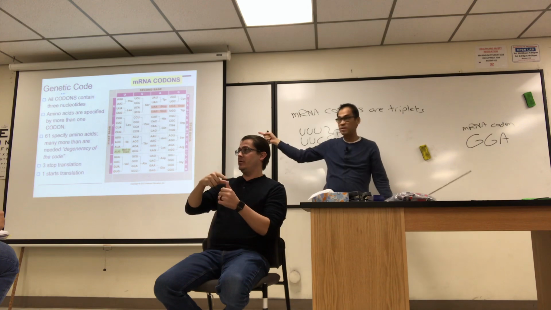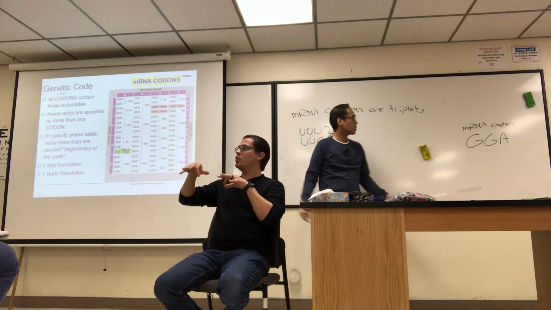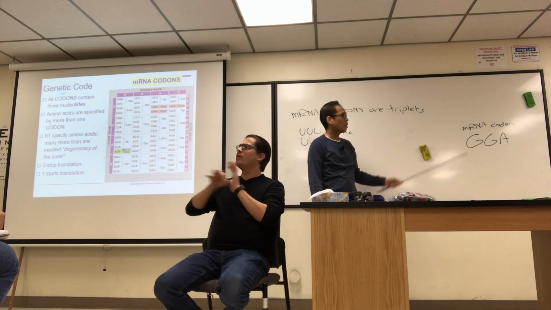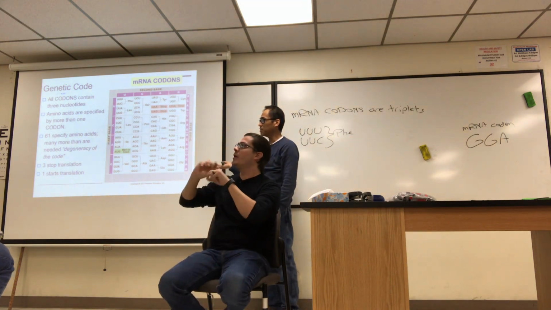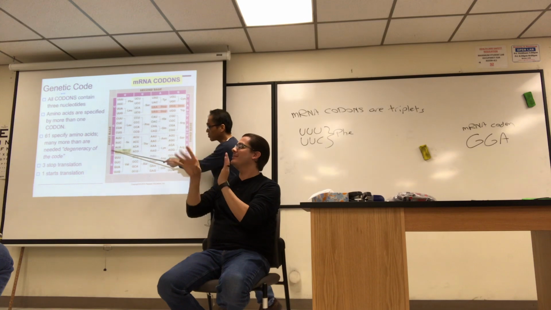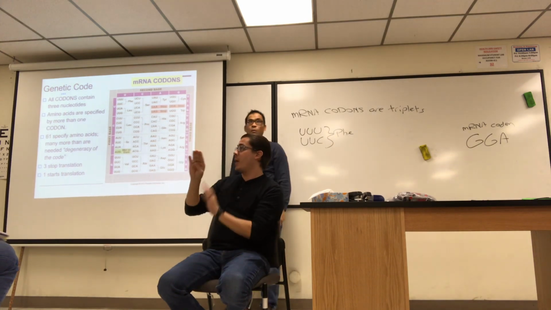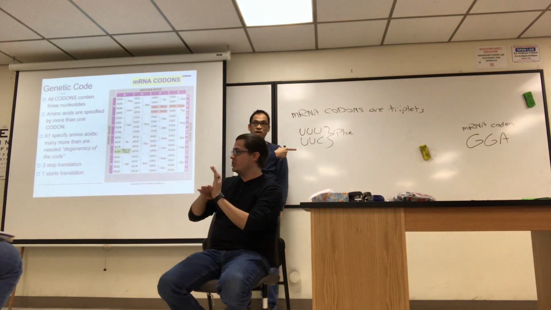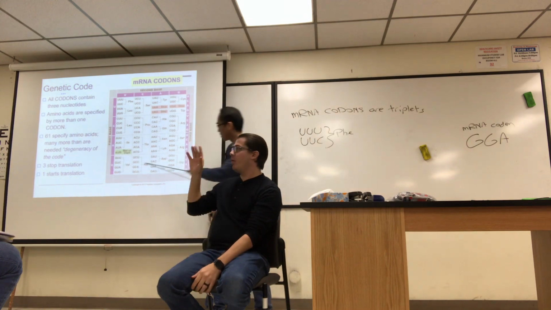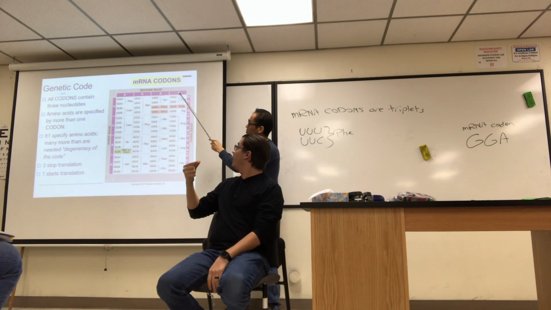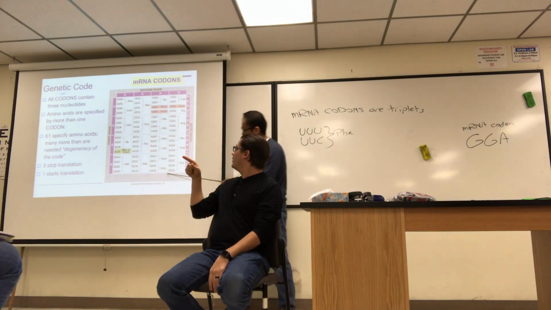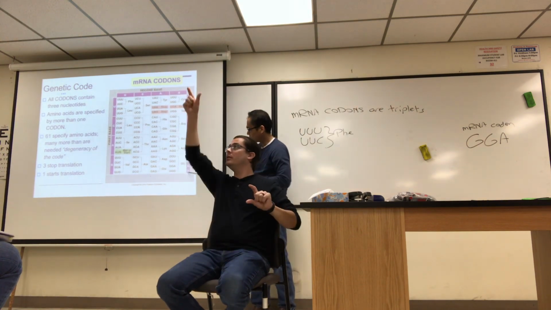I'm just telling you how to read the table. How do you find GGA out here? You could just randomly look, but it's organized to make it easy to find. You see where it says first base? What's the first base? G. So it's this row. What's the second base? G. So you go G, G, it's here. What's the third base?